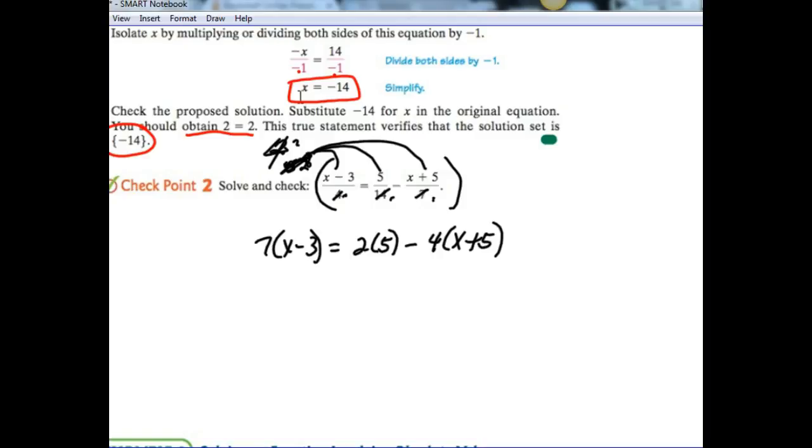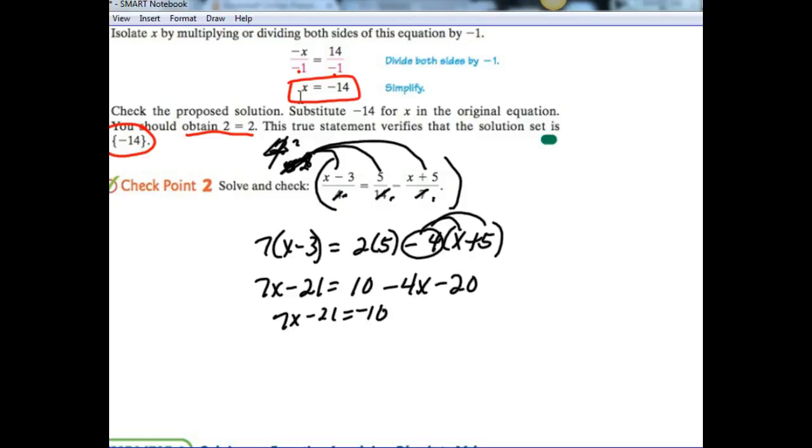So let's just distribute and then clean up the problem. This is going to become 7x minus 21. This becomes 10. This becomes minus 4x minus 20 because you have to distribute this minus 4. So be careful with that. Now, clean this up a little bit more. 7x minus 21. The 10 and the minus 20 go together to become minus 10 minus 4x.